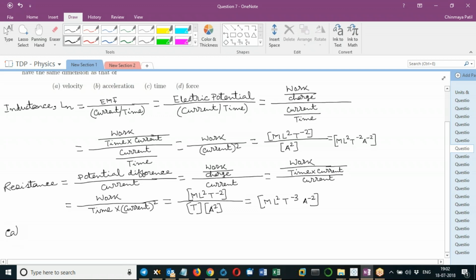So capacitance is equal to charge by potential difference.